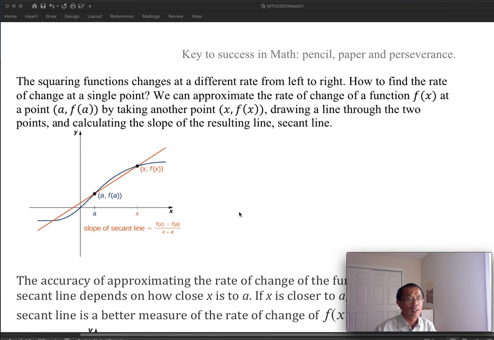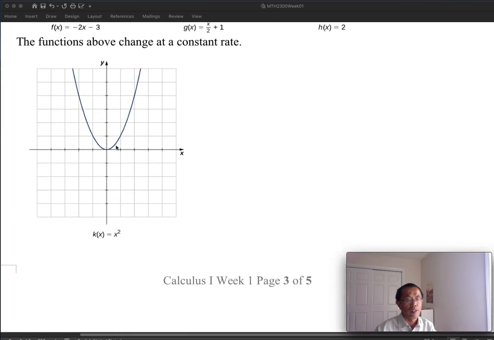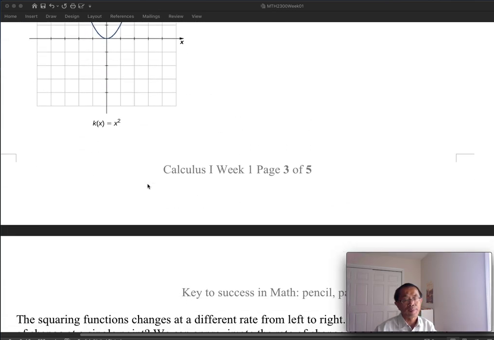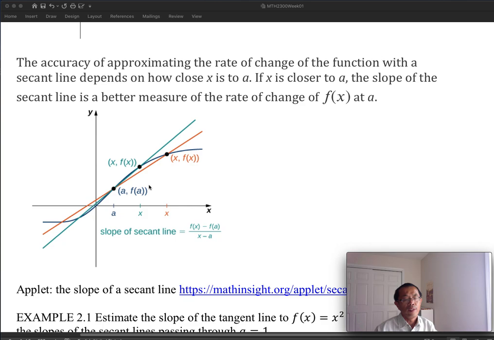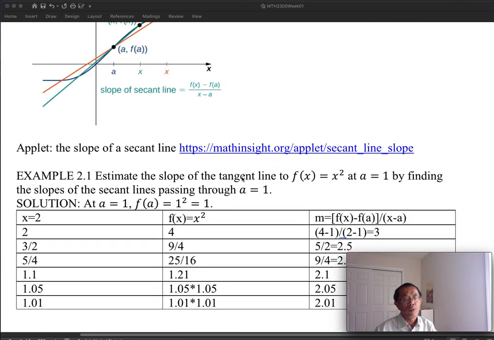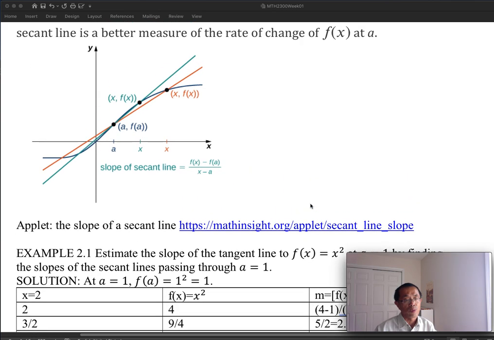The parabola is right here, there's the chart. What I'm trying to do here is, by the way, the example from the textbook, example 2.1. It is to estimate the slope of the curve, or the slope of the tangent, at a equals 1 for the squaring function.